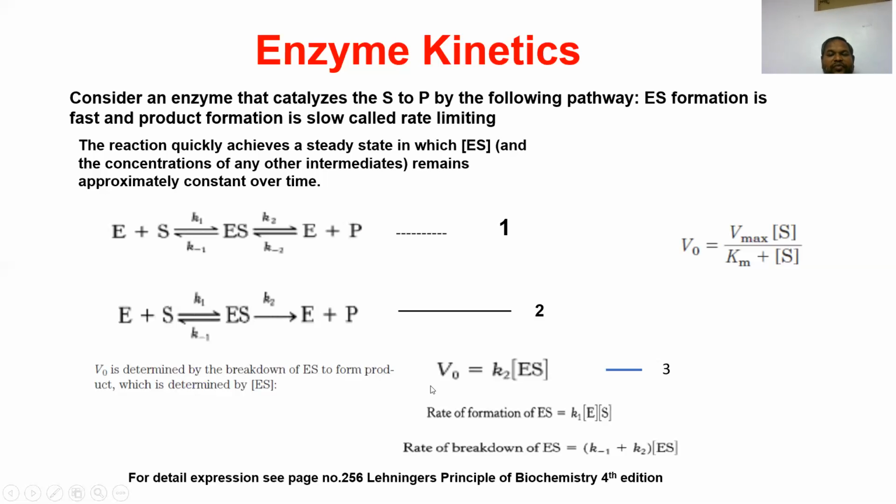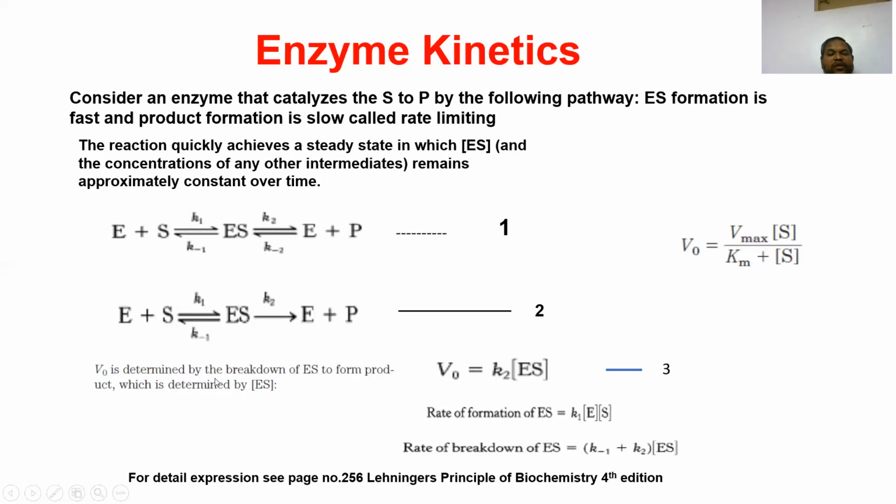You have to find out V0. So how will you find V0? The maximum initial rate is defined by the rate constant for product formation from the enzyme-substrate complex.